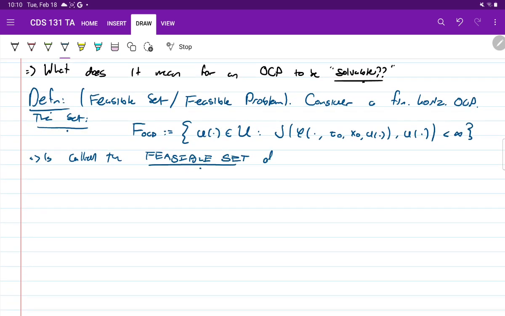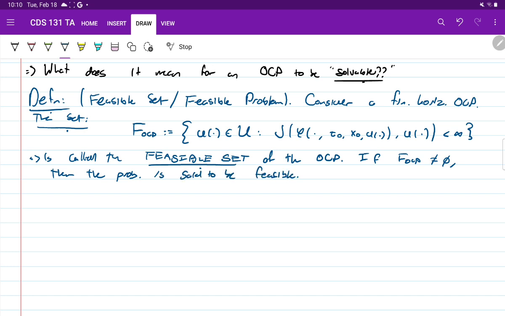Feasible set of the optimal control problem, okay? So basically what we're going to say is that if F_OCP is non-empty, then the problem is said to be feasible.